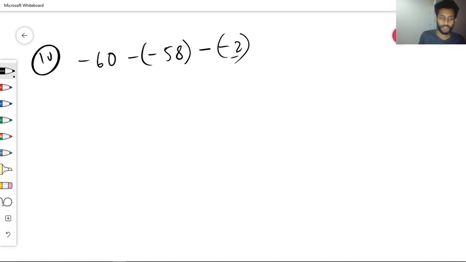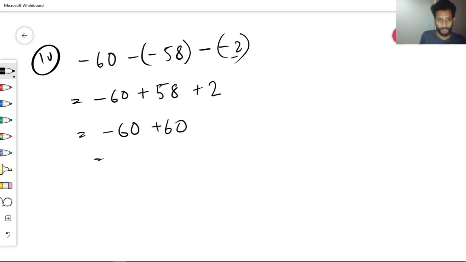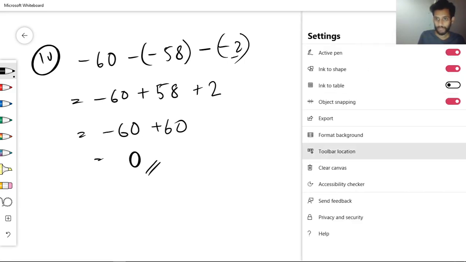Okay, this part. So this is 60, and here it will be plus, and minus will be plus, and here it will be again plus 2. So these two are together, minus 60. This one will be plus 60. So when we subtract it, it will be 0. It will be 0.